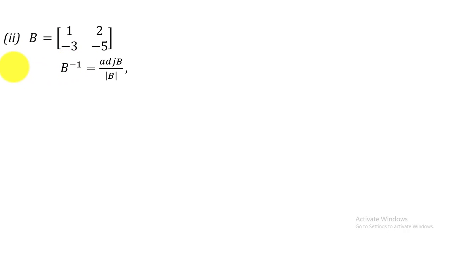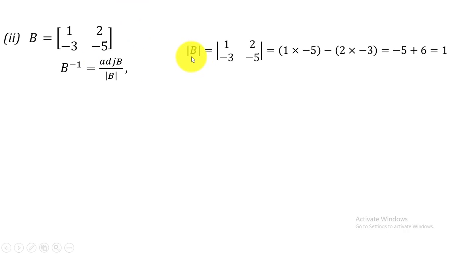In second, B is equal to the matrix having elements 1, 2, negative 3 and negative 5. We find the multiplicative inverse of matrix B. B inverse is equal to the adjoint of matrix B over the determinant of B. The determinant of matrix B is equal to the determinant of elements 1, 2, negative 3 and negative 5, that is equal to 1.